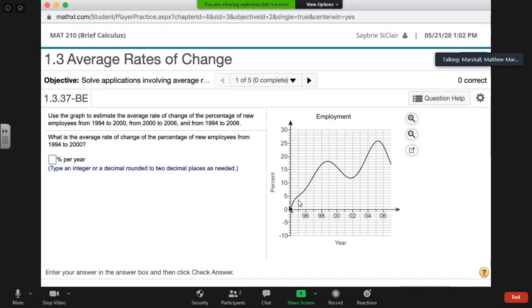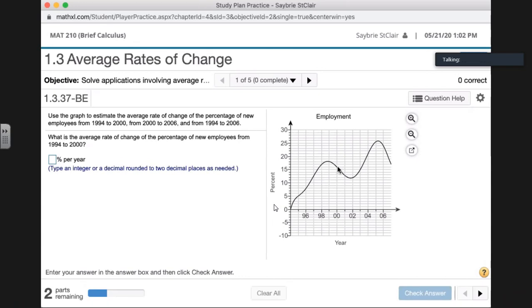So to me that looks like 94, you're going over to 94 for X. And then when you go up and hit that curvy line and look to the left, I get 5. Do you see that? So the starting point is 94, 5, right there where you're pointing. That's going to be my first coordinate.